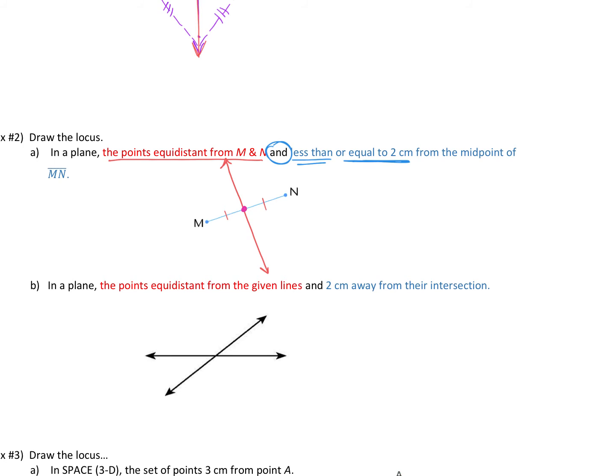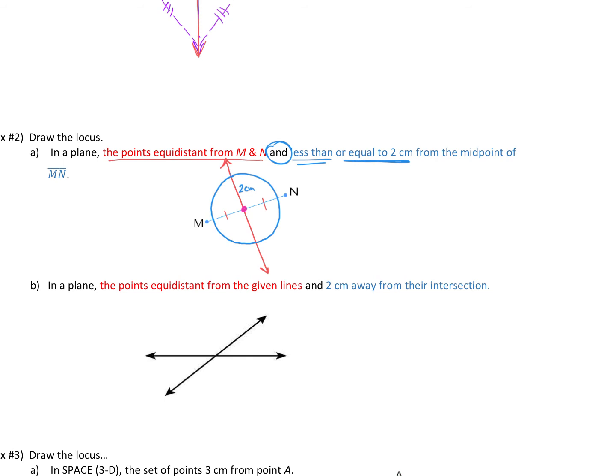Everything that is less than or equal to 2 centimeters from that midpoint. Now think about that. What do you get with that? Everything 2 centimeters from the point would be a circle. We don't have measurements here, so we're just going to pretend that this is 2 centimeters. That would be everything 2 centimeters from the midpoint.